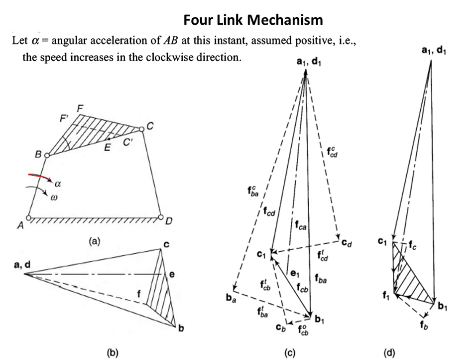You can see here clockwise, and also the omega is in clockwise direction. So this is angular velocity and this is angular acceleration on the link AB. Okay, and the space diagram will be going like this: A to B, then BAF, you can draw it, and then C to D. Okay, so using this, first you need to draw the velocity diagram.